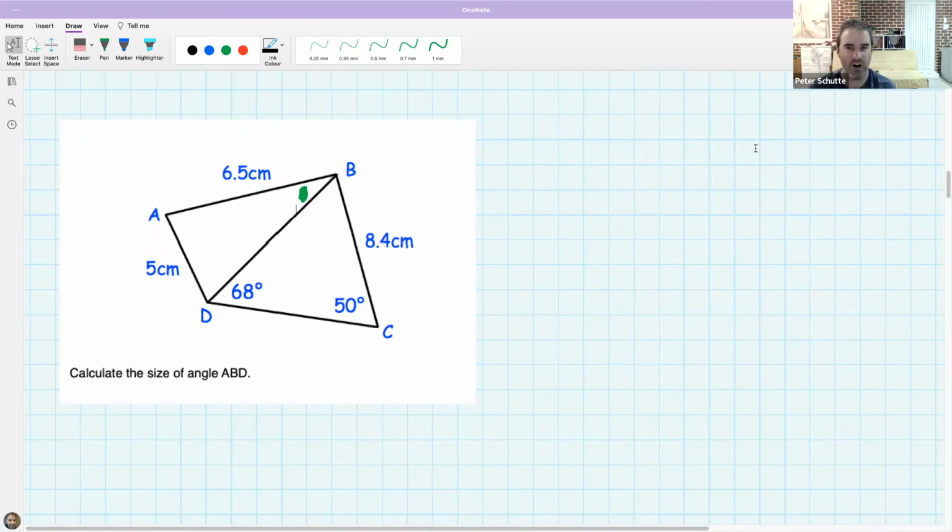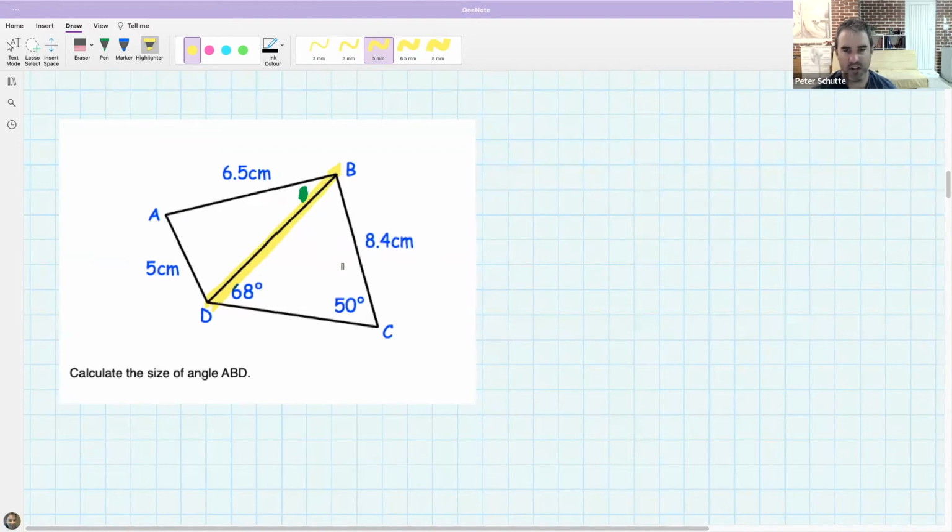Aha, Jenna has made a comment. Anna Bob has also made a comment. I like where you're going with that. I do. Would anybody like to tell us audibly? Otherwise, I'll read that out. So what Jenna has said is that she would try and find BD using the sine rule.